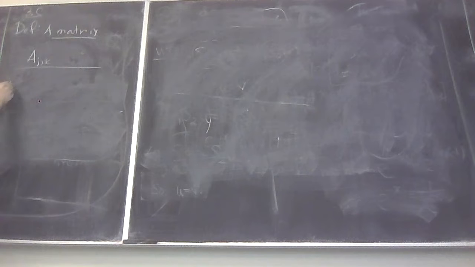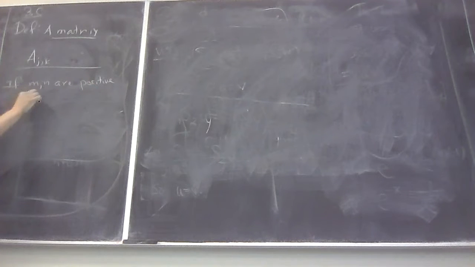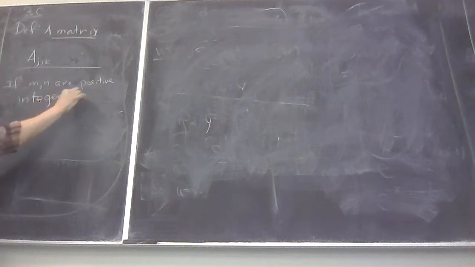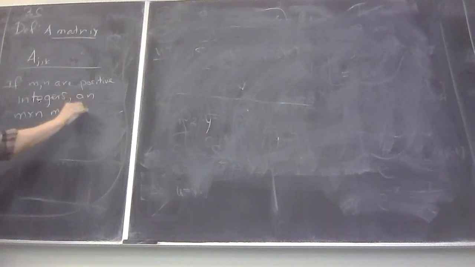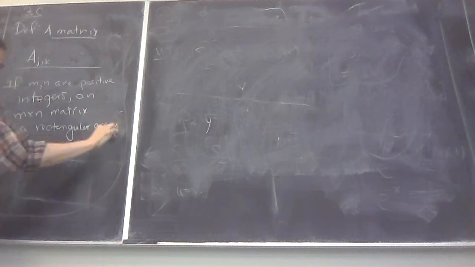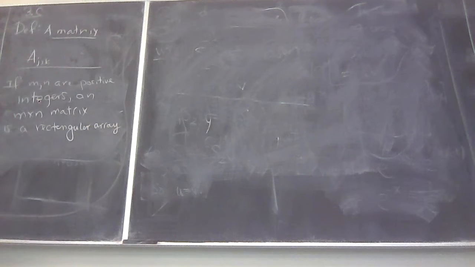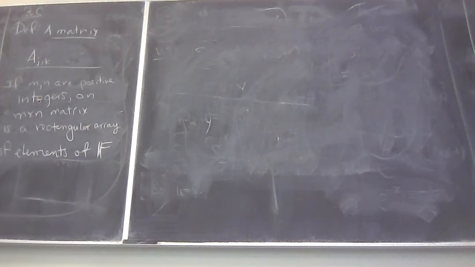The idea here is if M and N are positive integers, an M by N matrix is a rectangular array of elements of F. We're not doing matrices of matrices or anything.